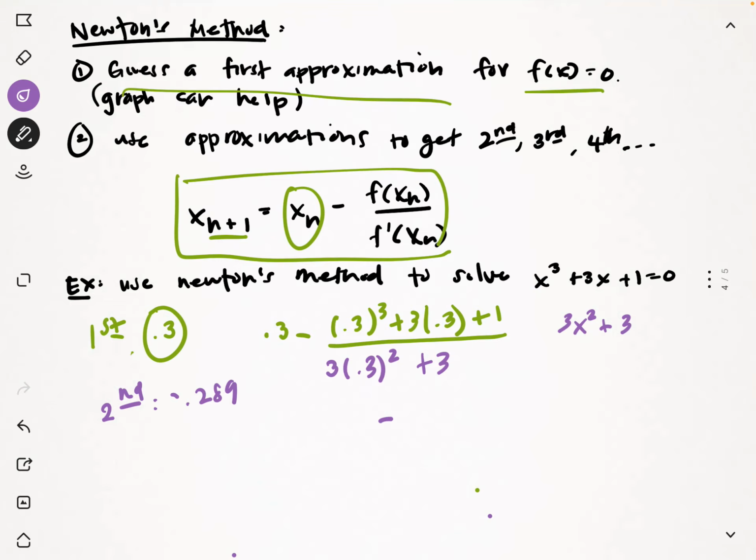So let's do the same thing. We're putting this number back in. At this point we probably want to store it, so let's store it in A. Whenever we want to pull this number up in all these spaces, it'll be the same. So we're going to do A minus A cubed plus 3 times A plus 1 over 3 times A squared plus 3. And then we'll just keep doing that.